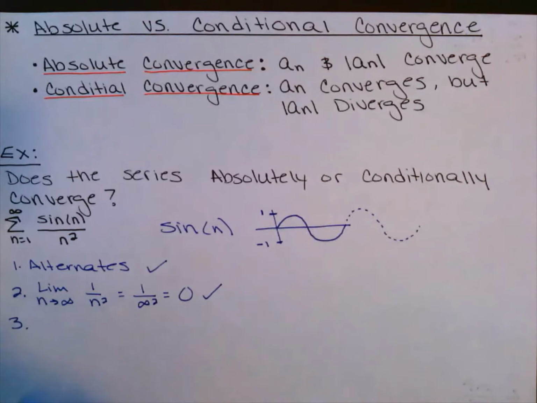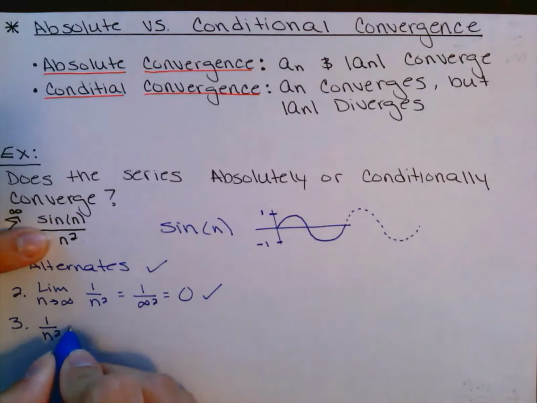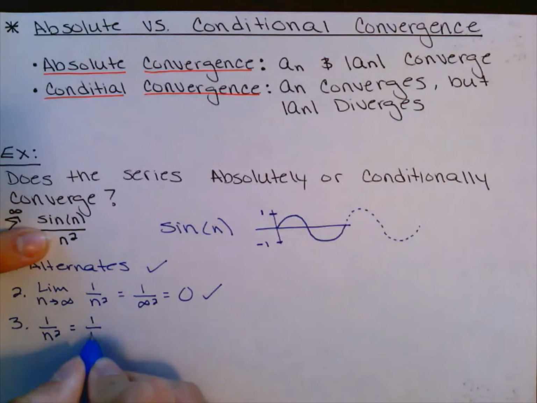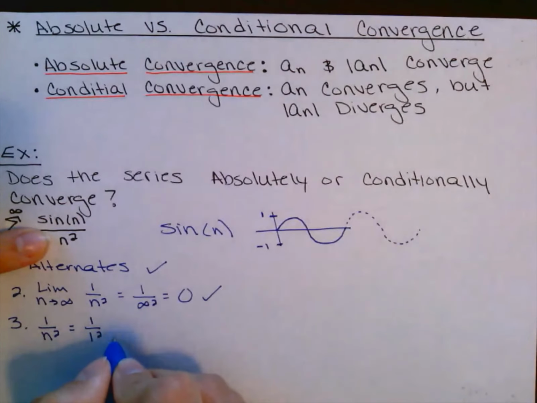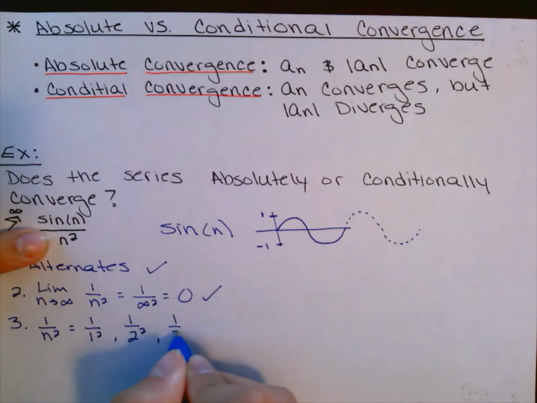And then third is to check if the numbers are decreasing. So again, we're going to put that sign on hold, and we're just going to look at that 1 over n squared. That's going to be 1 over 1 squared, then 1 over 2 squared, 1 over 3 squared.